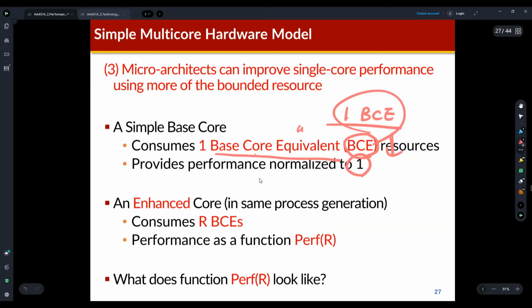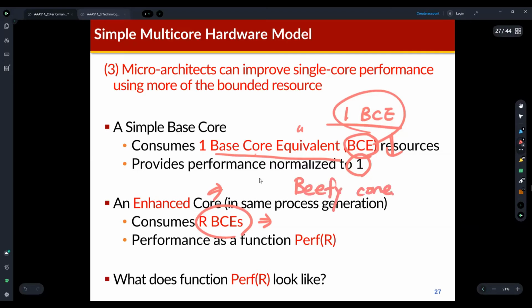The researchers assume that the performance of this one BCE core is just one; it's a normalized performance. If we apply a more enhanced, advanced core, then we need to invest more resources in this core. We can assume that the enhanced core consumes R BCEs, the resources consumed by the enhanced core.